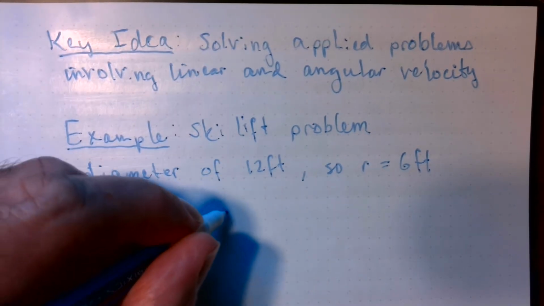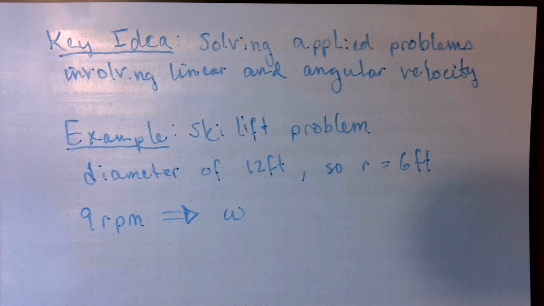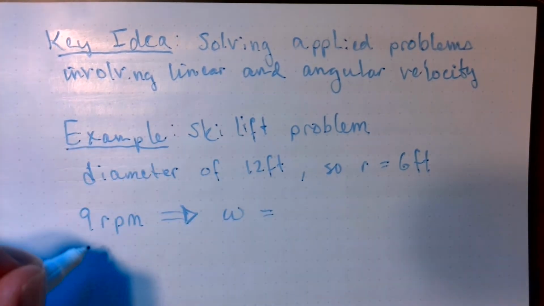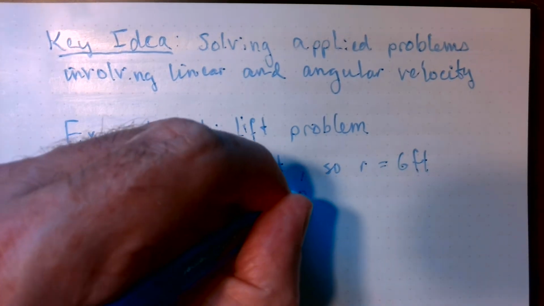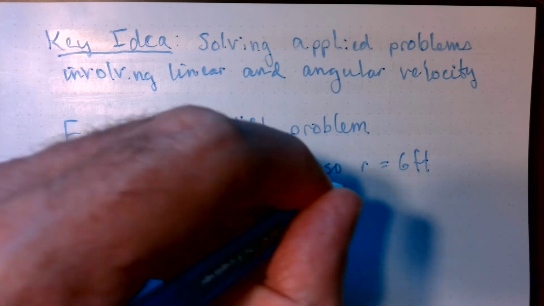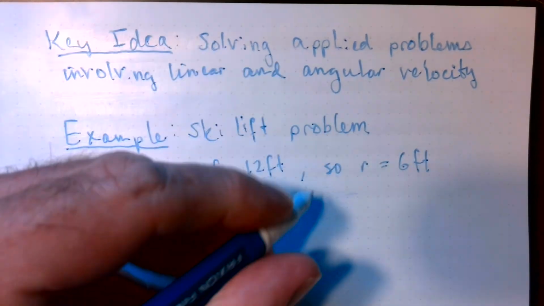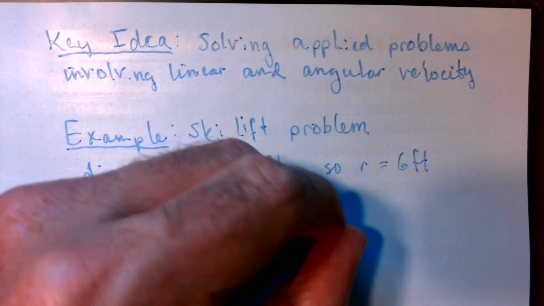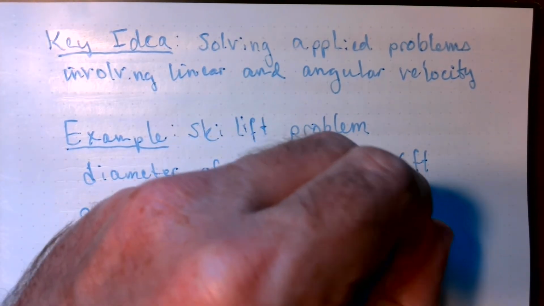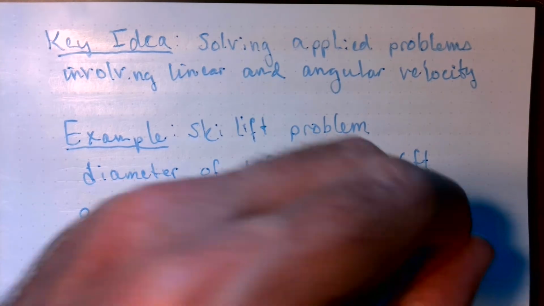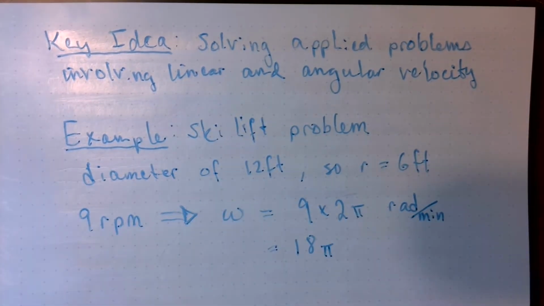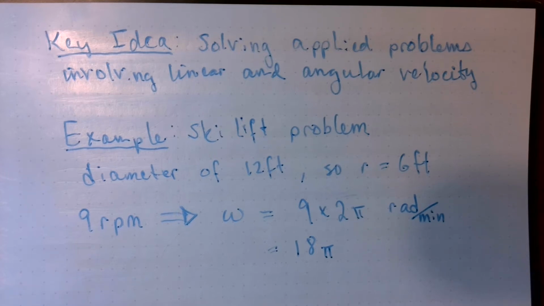Now we need to convert that to angular velocity, so radians per minute. Well, every complete revolution is 2 pi radians. It's making 9 revolutions per minute, so 9 times 2 pi. Okay, so the angular velocity of that wheel is 18 pi.